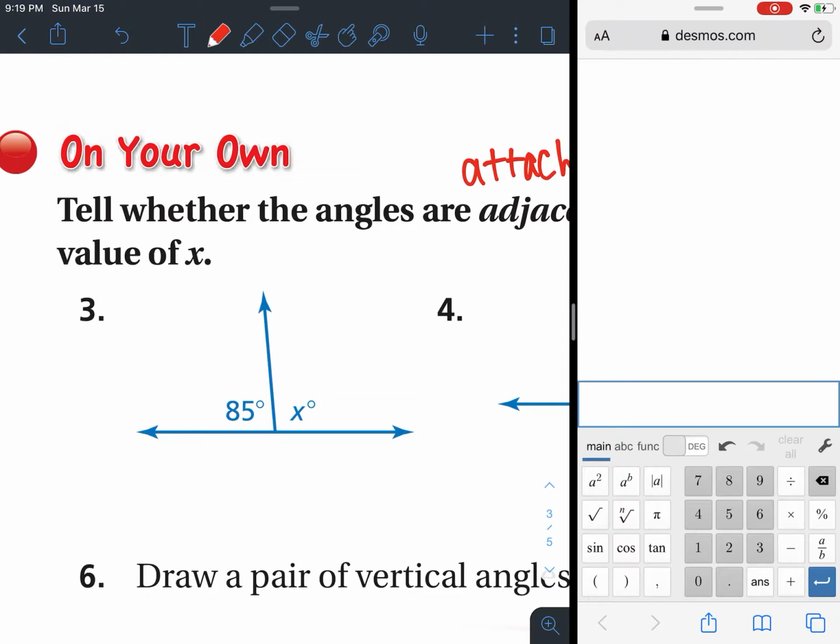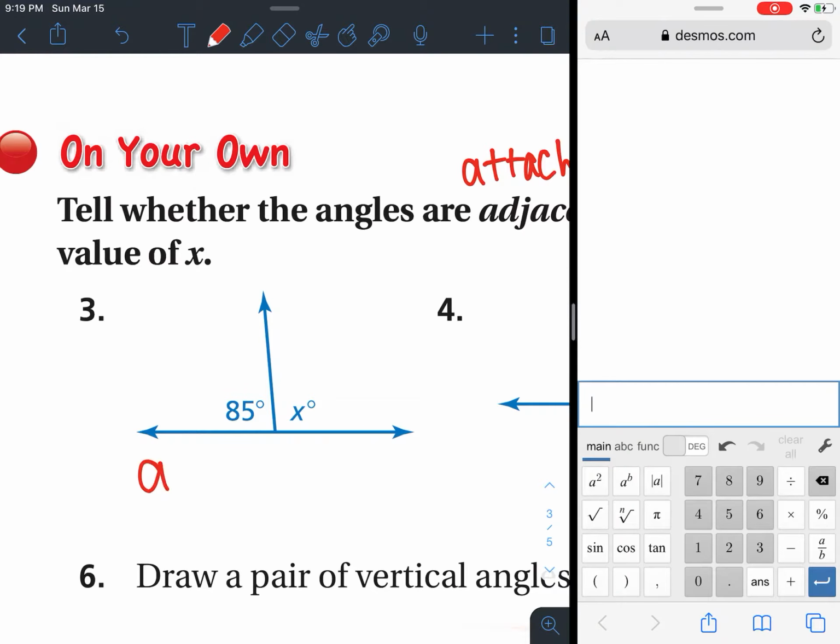For number 3, these would be adjacent, and they form a straight line. So that means they equal 180. To find X, we would do 180 minus 85. So X equals 95. Number 4, these 2 angles only share this dot.